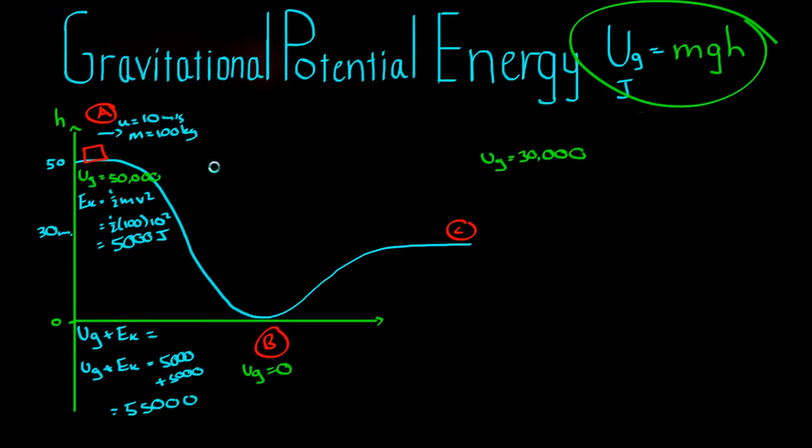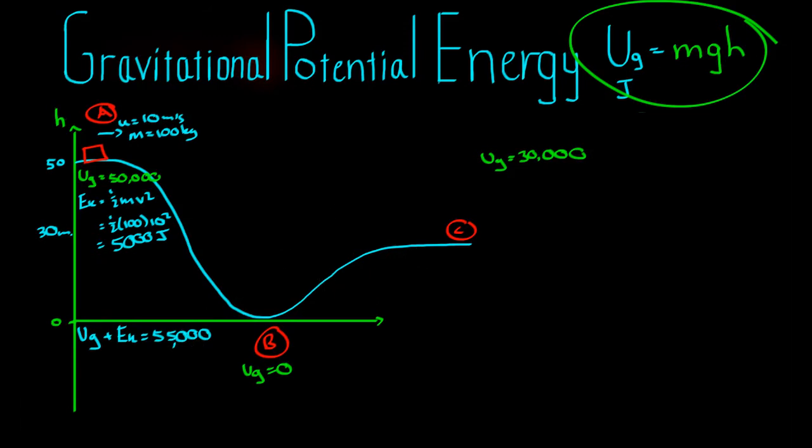And since energy must be conserved, that is the same total energy that you will find at B and C. So we'll put that down a little neater down here. UG plus EK has to equal 55,000.